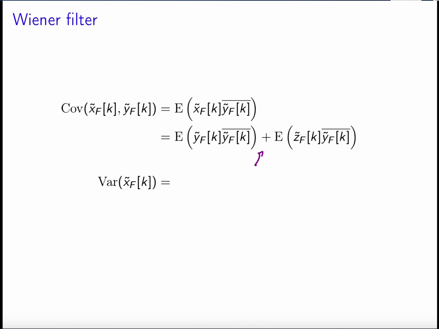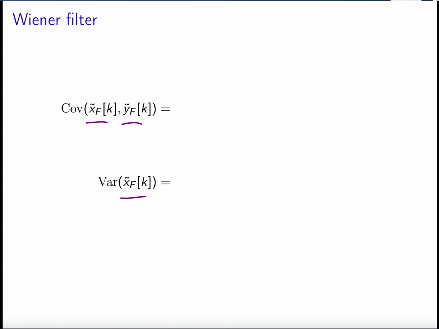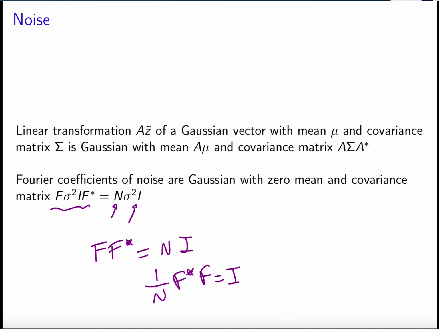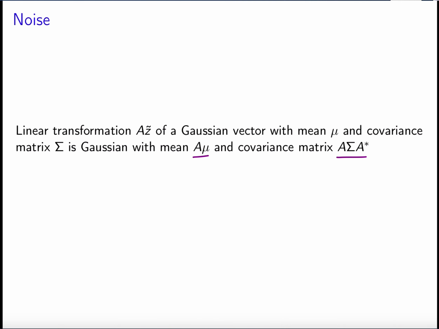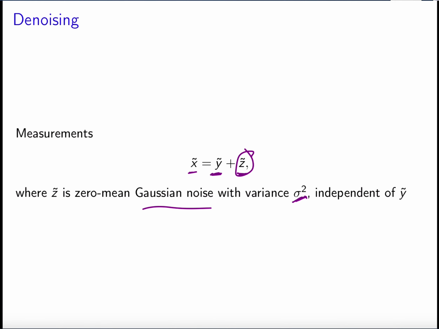And now these guys, I haven't actually said it, but it is written back here, and it's pretty crucial. We're going to assume that the noise is independent of the underlying clean signal. And under that assumption, their covariance is obviously 0.